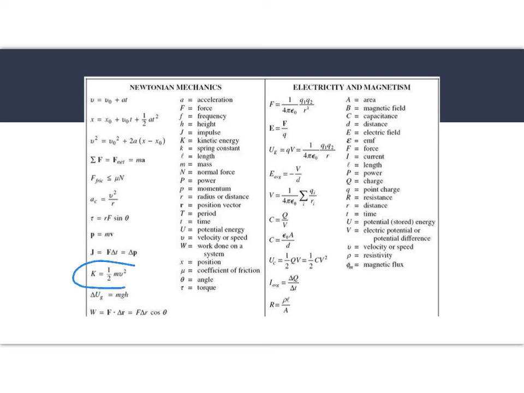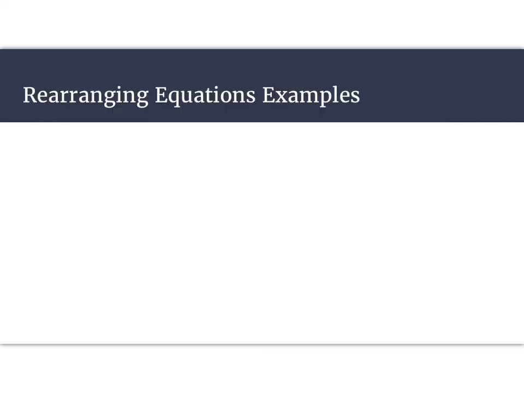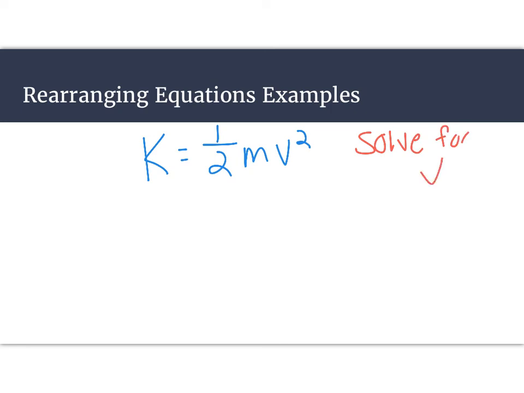Let's talk about this equation right here, which is our kinetic energy equation, and how I would rearrange it. I have K equals 1/2 mv squared, and let's say we're going to solve for v. What would be my first step? I want to get rid of this half, so I multiply both sides by 2.